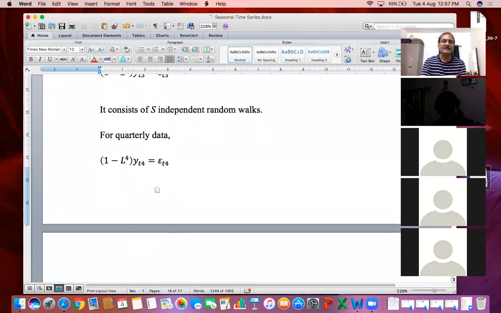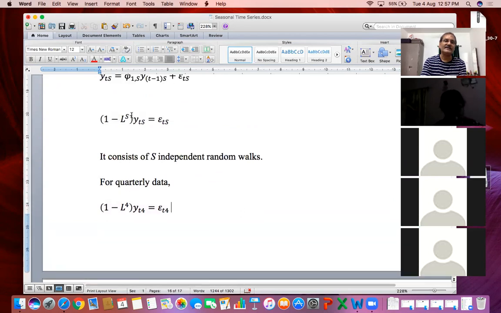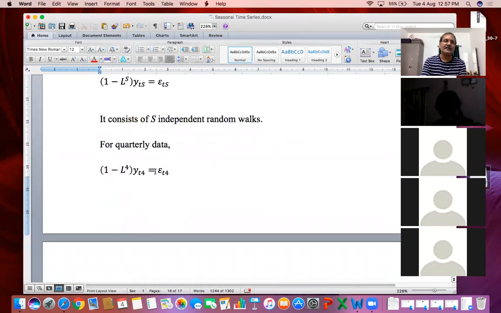What does it imply? y_t implies the value of y at time point t when we have quarterly data, and epsilon_t is the random disturbance at time point t. After putting phi 1 equal to 1, the polynomial function looks like this, 1 minus L to the power 4. And I have mentioned earlier, if we set this term equal to 0, you have the inverse characteristic equation.